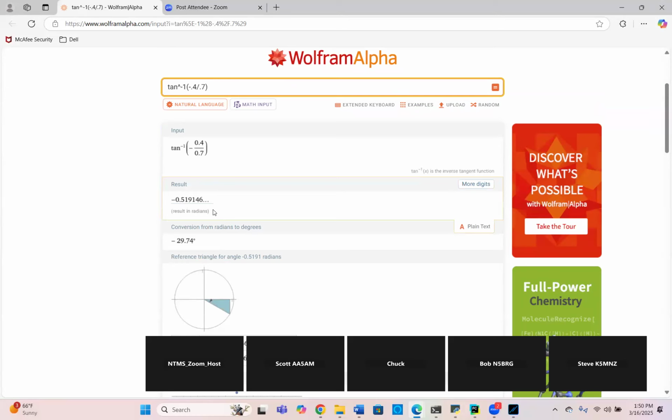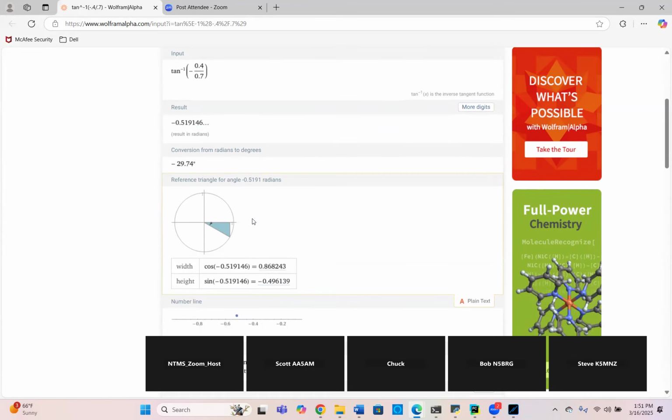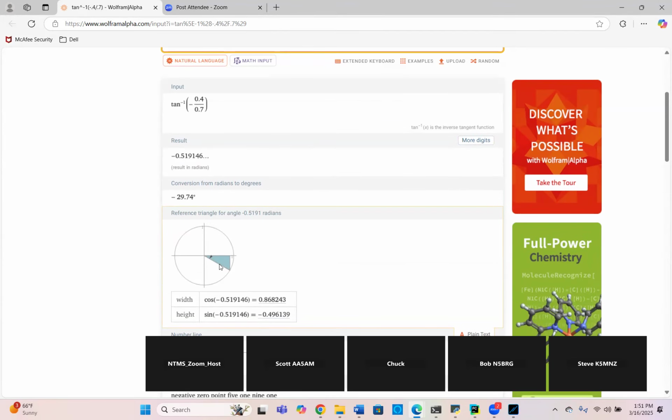So there's our minus 0.519 radians. And then here's our minus 29.7 in degrees. And then when you look at this reference triangle in this angle, then you can see how the trig works out. It's a right triangle, which we knew, but there's that.